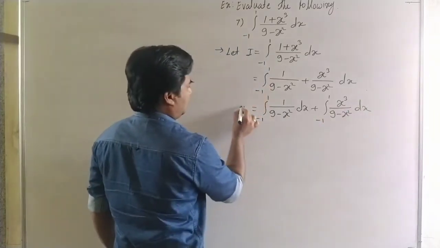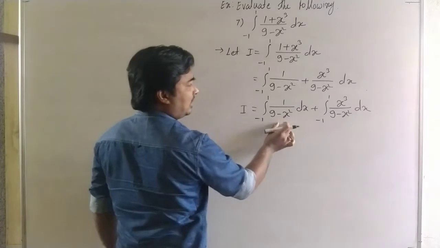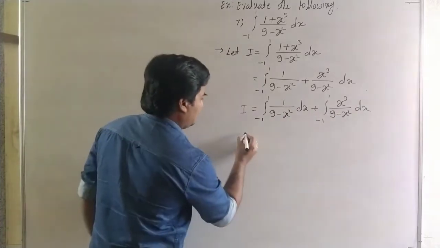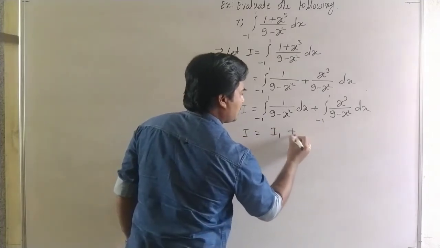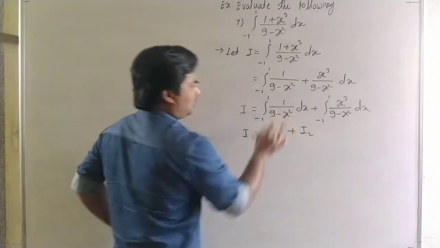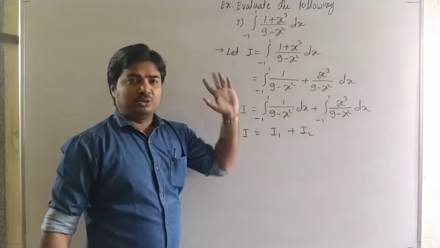Now our original integral is written in the form of two integrals. Therefore I is equal to I1 plus I2. Now we can solve these two integrals separately.